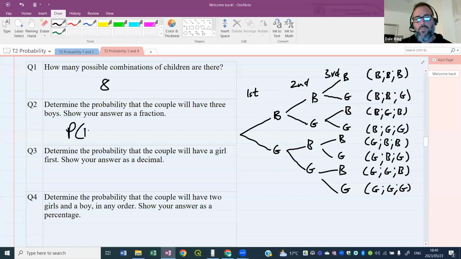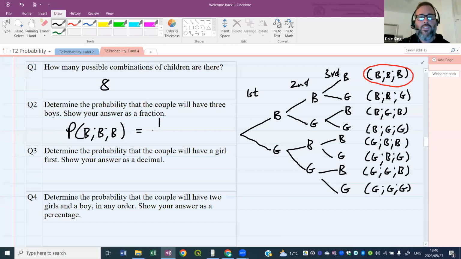So there is only one, from what we've seen. So it's going to be 1/8, because out of the 8 outcomes, only once did we get 3 boys. Very good. It's going to be 1/8.